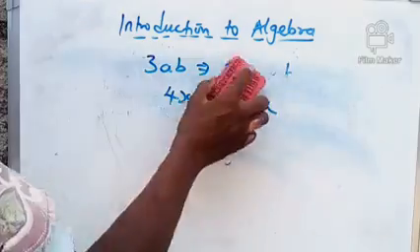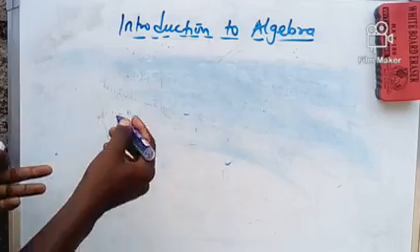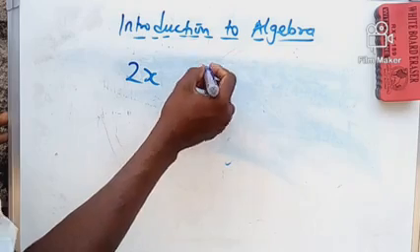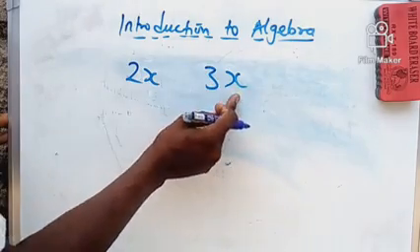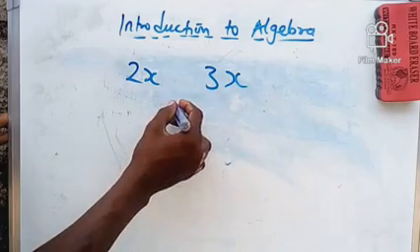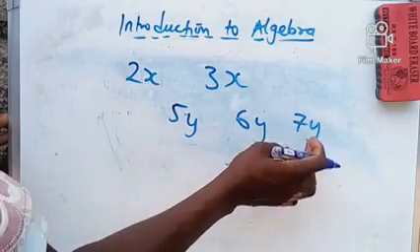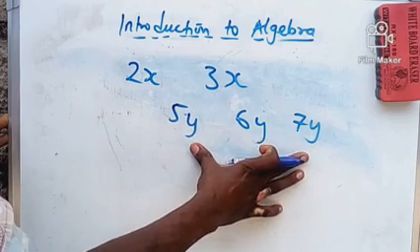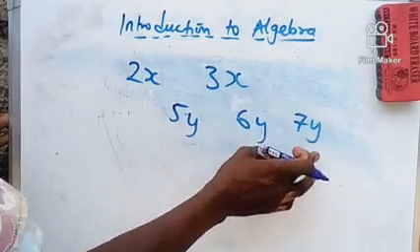So when you talk about the concept of like terms, what we are interested in is this: if I have 2x and 3x, because there is x here and there is x here, these terms are called like terms. If I have 5y, 6y, 7y, because there is y here, y here, and y here, they are called like terms.